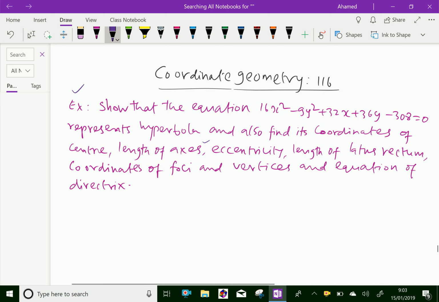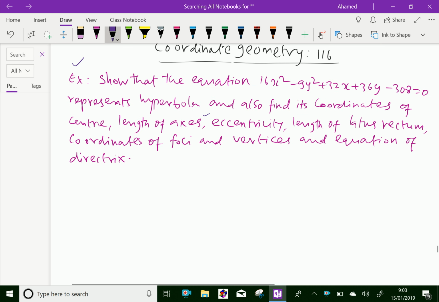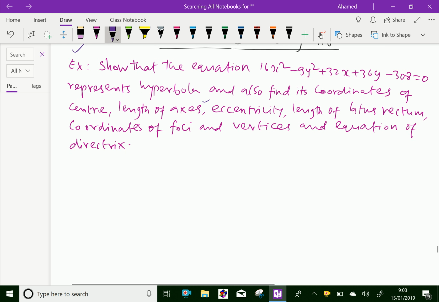Now, first let us write the equation of the hyperbola given: 16x square minus 9y square plus 32x plus 36y minus 308 equal to 0.